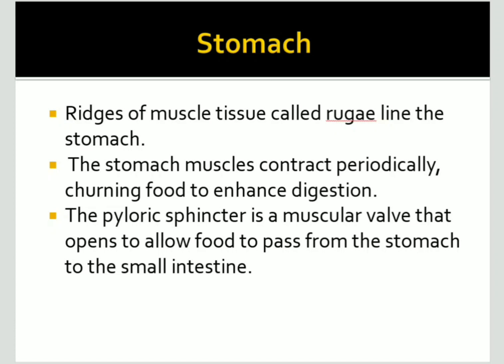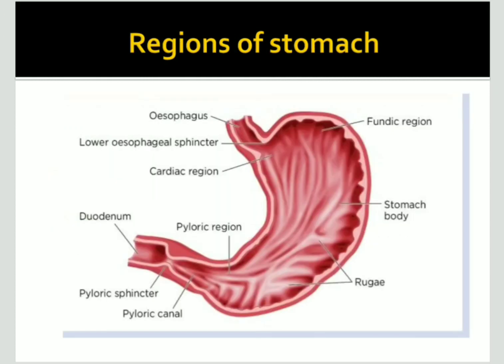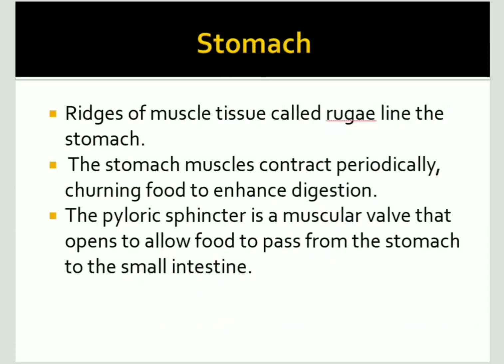The pyloric sphincter is a muscular wall that opens to allow food to pass from the stomach to the small intestine. So here are the ridges on the stomach, called rugae, and the stomach opens into the small intestine through a sphincter, that is the pyloric sphincter. And here the esophagus opens through another sphincter, the lower esophageal sphincter.